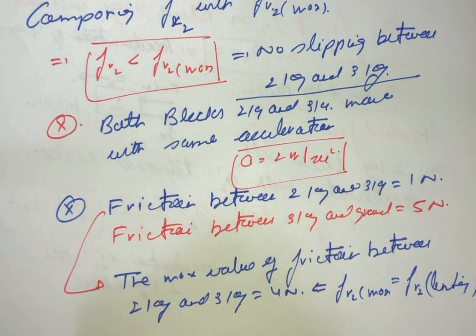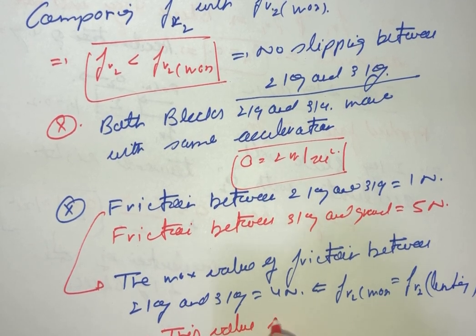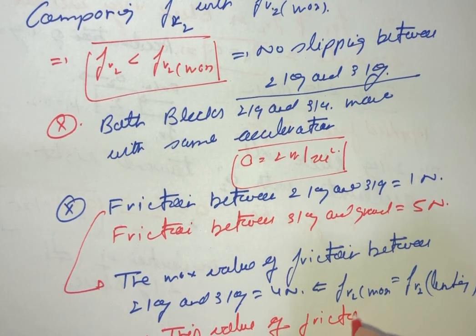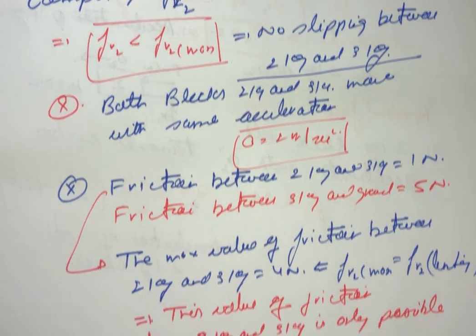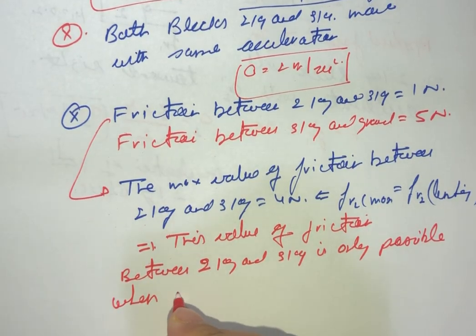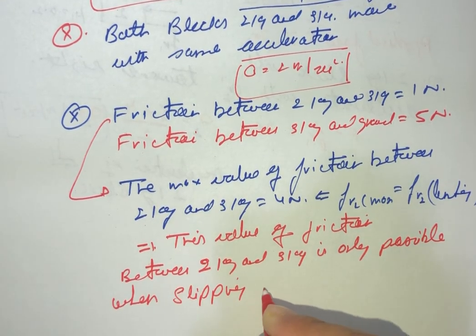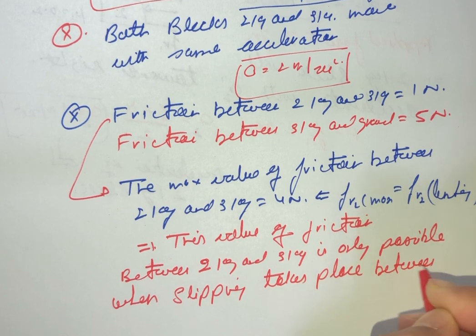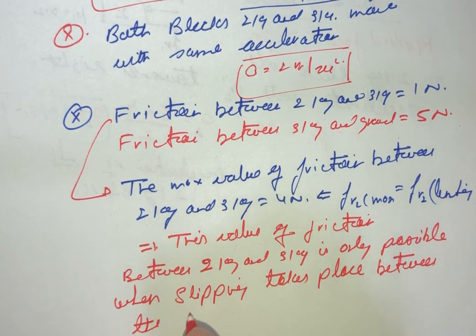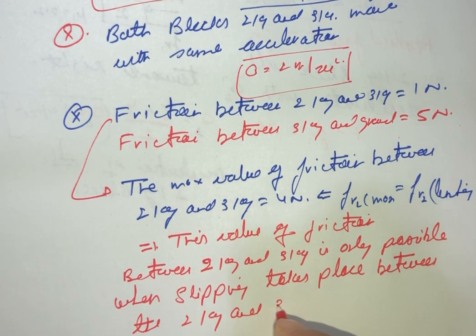Okay, so this value of friction between 2 kg and 3 kg is only possible when slipping takes place between the 2 kg and 3 kg.